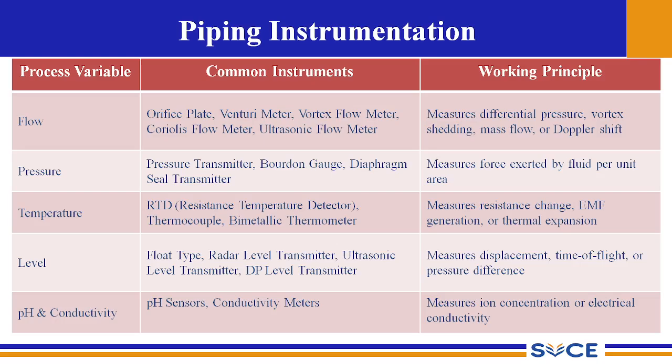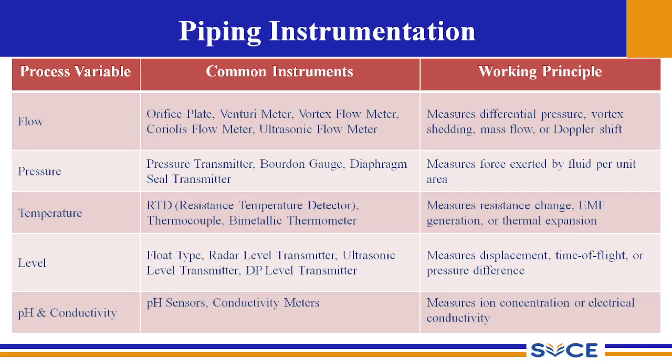The working principle of these instruments is to measure the resistance change or the induced EMF generation or the thermal expansion that happens due to the heating up of the material. By correlating these resistance changes or the EMF, electromotive force generation, or the thermal expansion, we can measure the value of temperature.